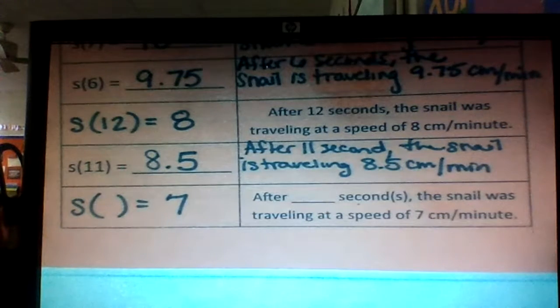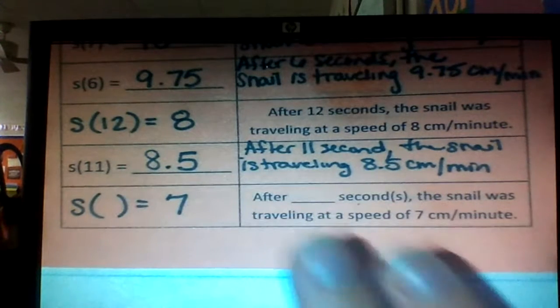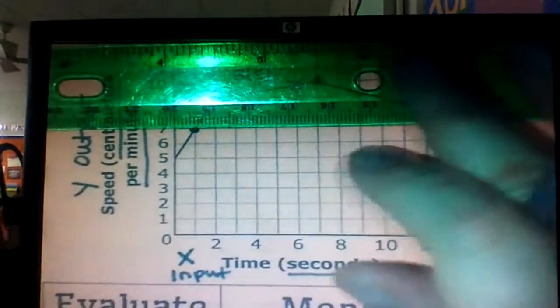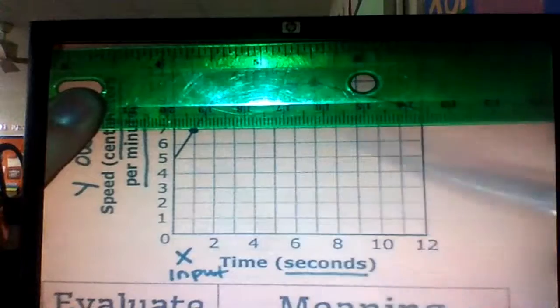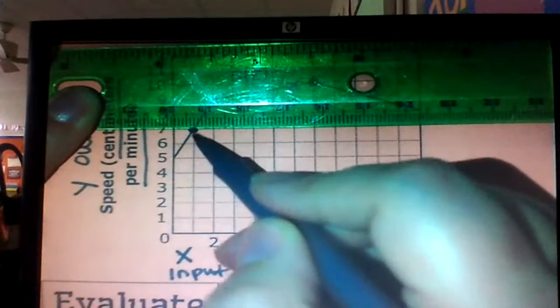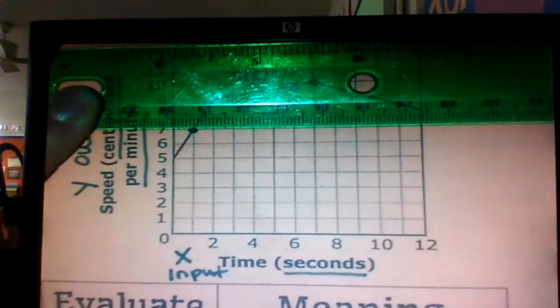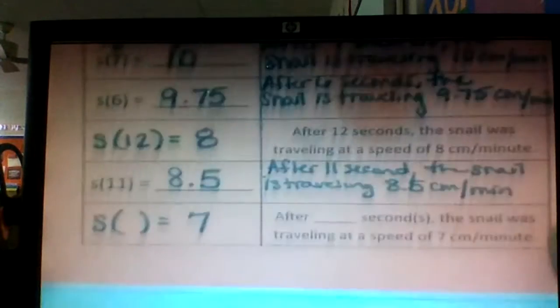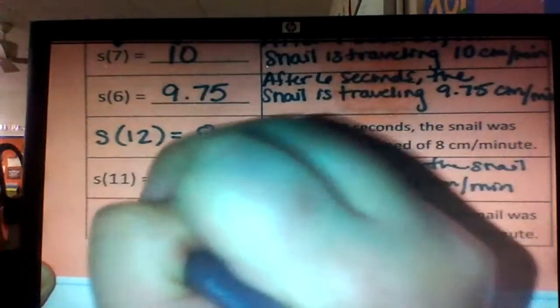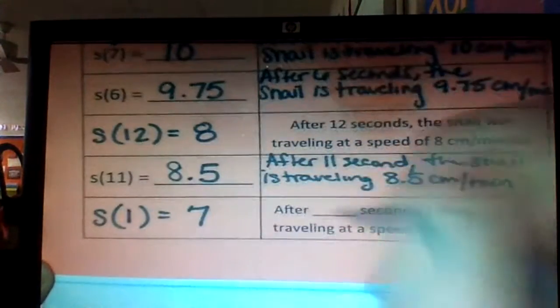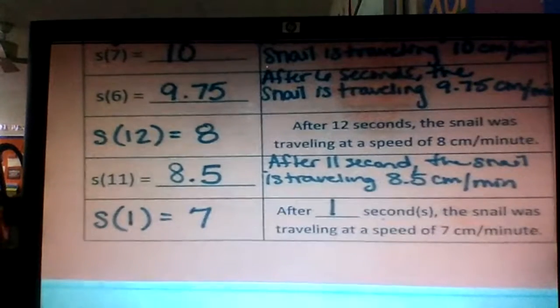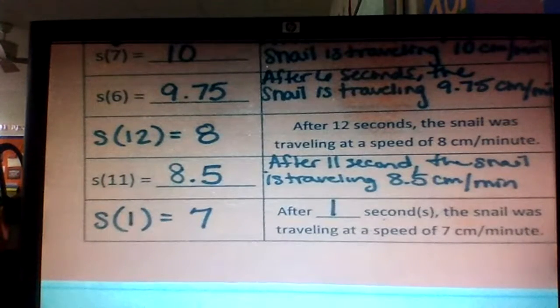So you need to find 7 on your vertical axis. And where does that cross the x? Well, that's going to cross at 1. Okay. So your answer down here should be S of 1, which means after 1 second, the snail was traveling at a speed of 7 centimeters per minute.